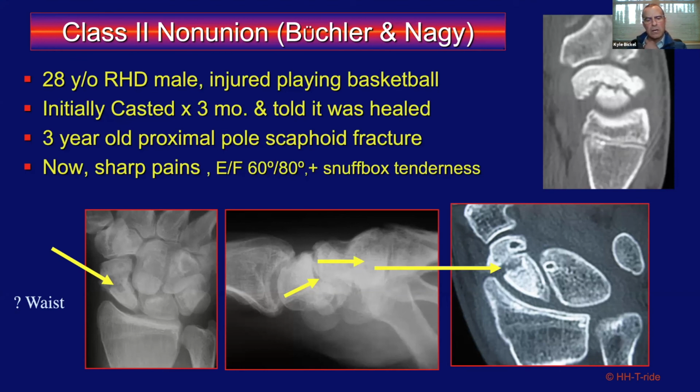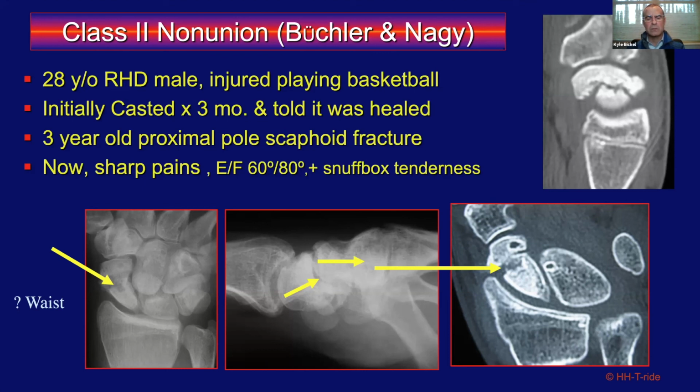Like most of these, the decision, is this reconstructible or not, has to factor in both inherent features of the fracture as well as features of the patient. If you have a young, active, non-smoking, high-functioning patient with high demand and high need, who really wants to continue playing and doing their thing at that level, you might be more inclined to reconstruct this.